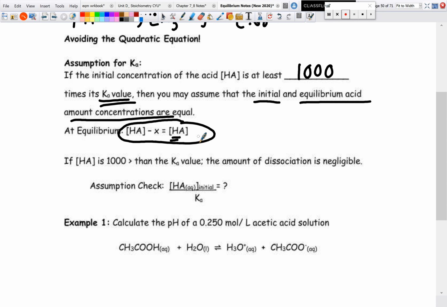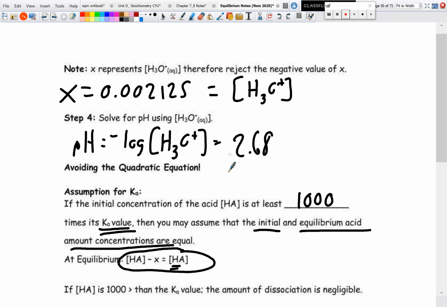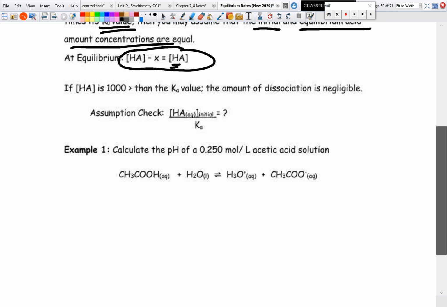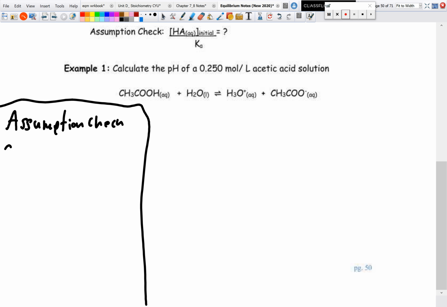Let's actually look at applying this. We just did it using the quadratic equation and got 2.68 as the pH. We're going to do the exact same question, except our first step is to do our assumption check. We take the concentration of our acid and divide by the Ka, and see if this is greater than 1,000.